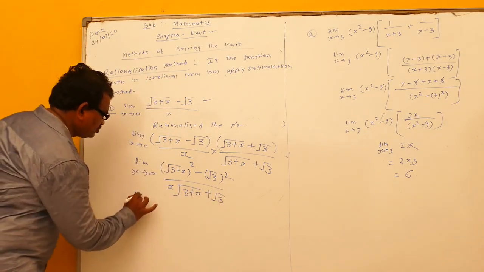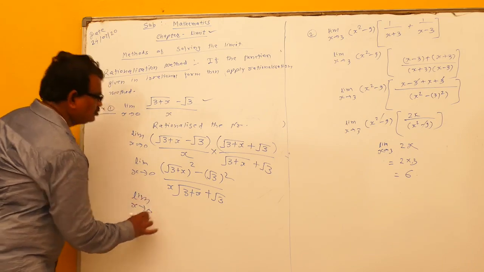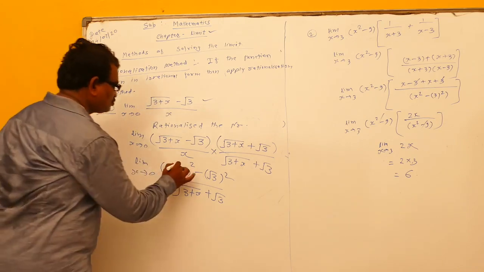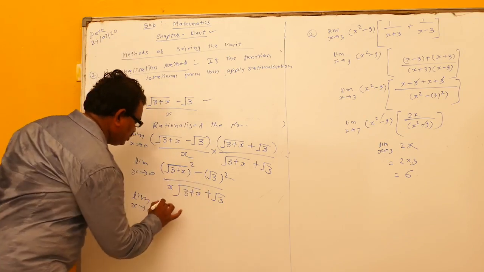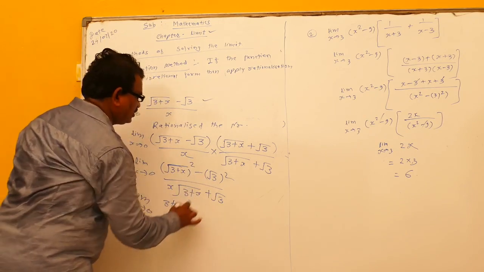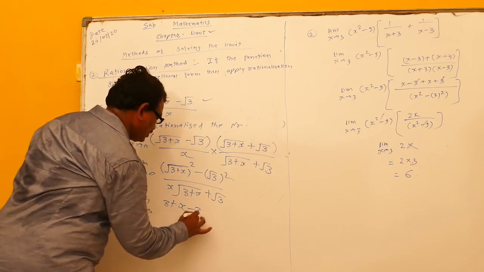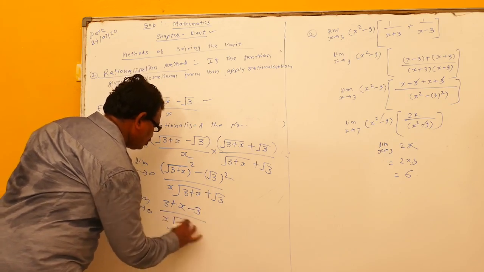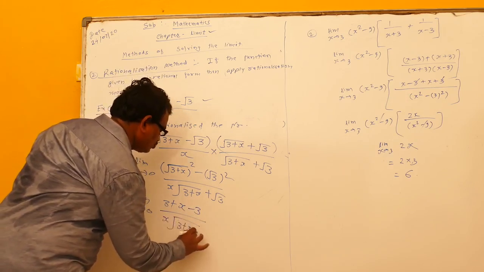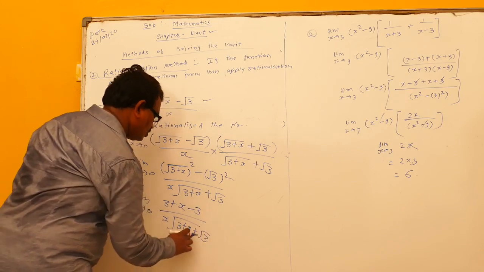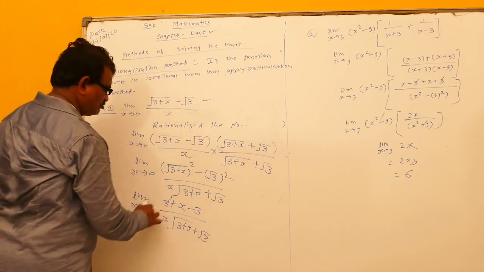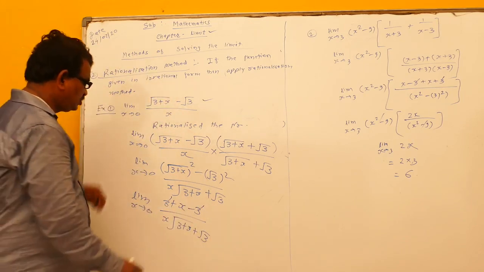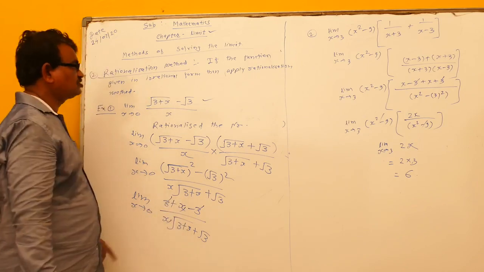Limit of x tends to 0. Its under root square means 3 plus x, and here root 3 square is minus 3, divided by x into (root 3 plus x plus root 3). Now here plus 3 minus 3 cancel out. This x is cancelled with this x.